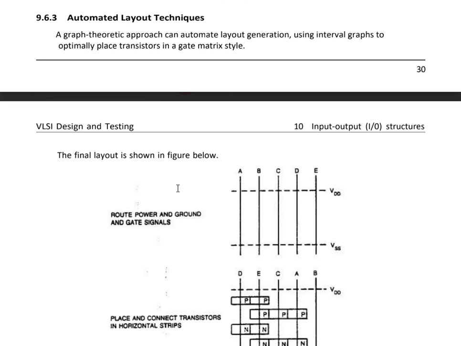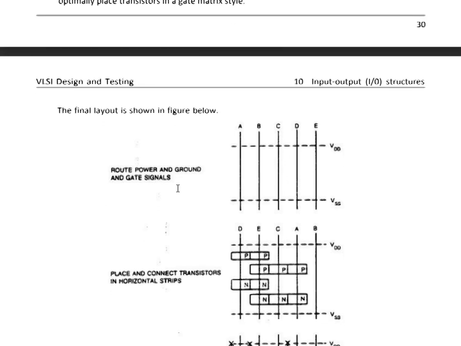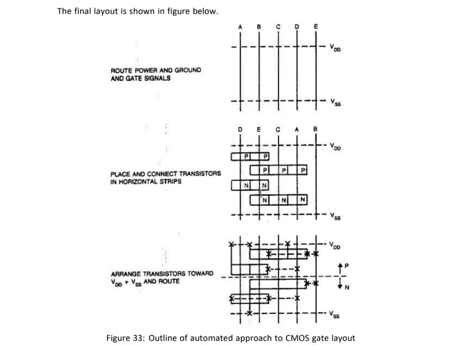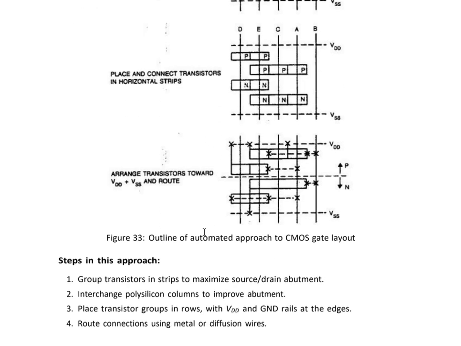Next is the automated layout techniques. Initially you will draw only the VDD and VSS rails, that is the power and ground rails, along with the input. Whenever there is a connection between the two inputs, you will place the PMOS and NMOS transistor in between, and then arrange the transistors towards VDD and VSS, and then route the channel.